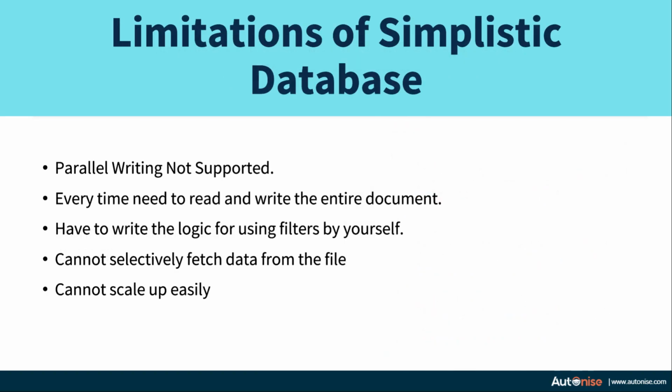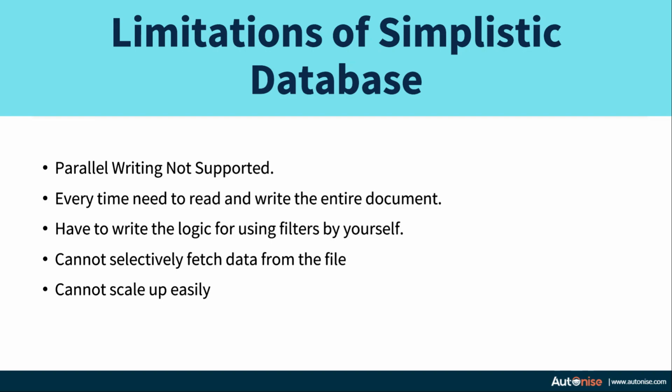As we already discussed, the limitations of a simplistic database are that parallel writing is not supported. If two processes are trying to write simultaneously into the database, there comes a race situation where the one overwriting last will remove the data which was updated by the first process. Also, to get one document or one part of the data, you have to read the entire document and also write the entire document when you are just updating a single part of the database.